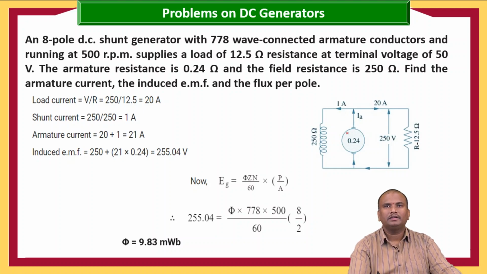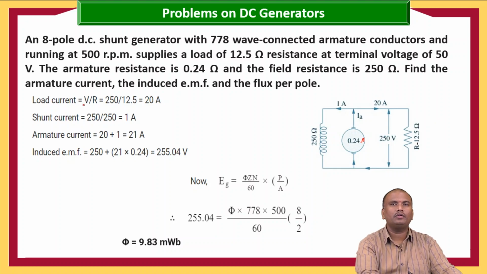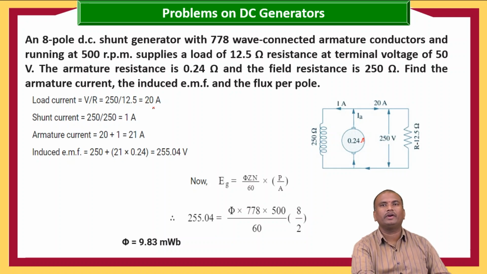Here the armature resistance is given as 0.24 ohms, and this is the 250 ohms field resistance, and this is the 250 volts, and the load resistance is 12.5 ohms. Here the load current is equal to V by R, that is 250 by 12.5, which is equal to 20 amperes.